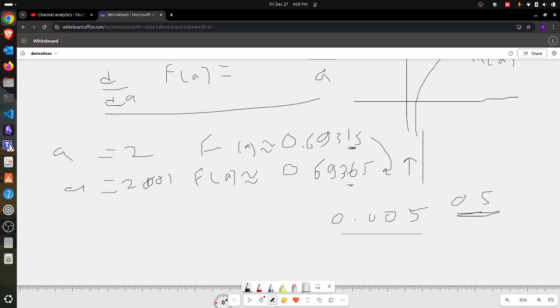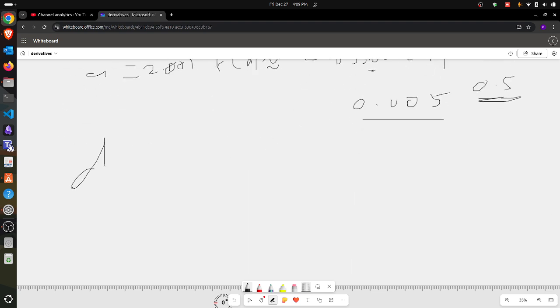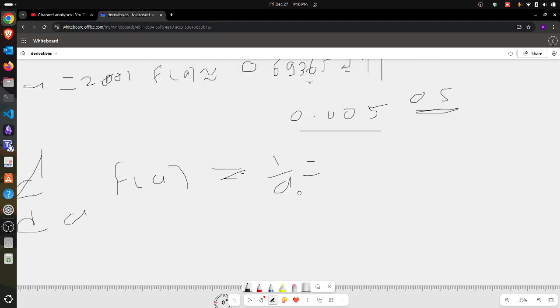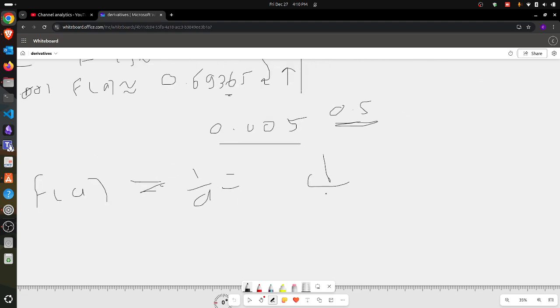There are two things we are going to write down. d by dA of f of a is equal to 1 by a. That's what we were talking about. And 1 by a, at a equals 2, the value is going to be 1 by 2. So that's what it is.